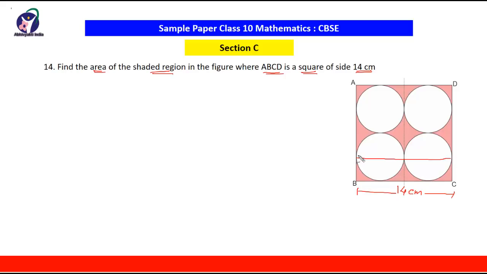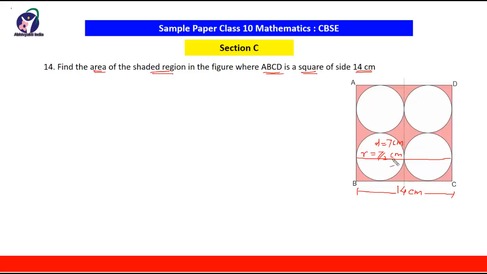So diameter of these two circles will be 14 centimeter, and therefore the diameter of one circle will be 7 centimeter, and so the radius will be equal to 7 by 2 centimeter.